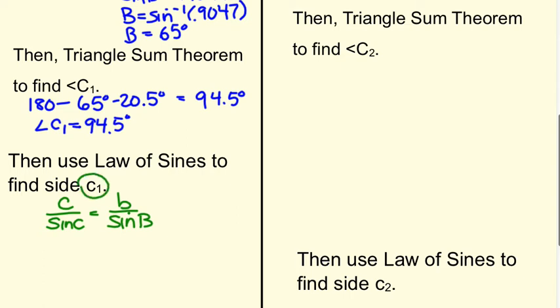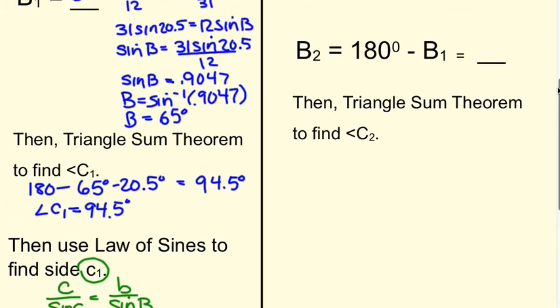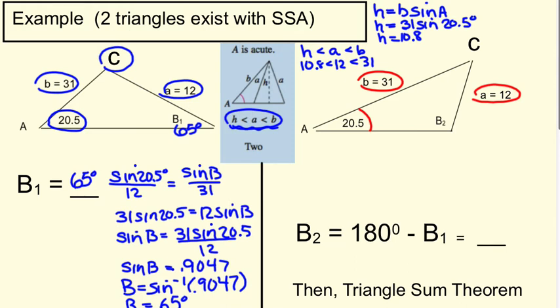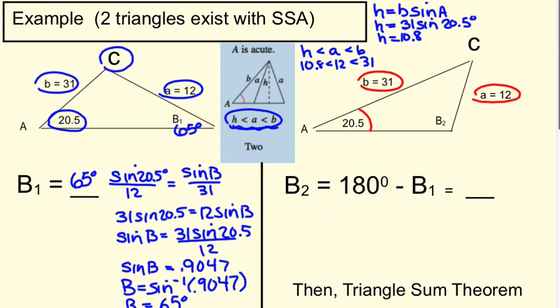All right, let's shoot over to the other side of this video, where we have that same angle, the same side, and the same side. So we want to find B2. Here's how you find B2. You take 180 degrees and subtract angle B1.